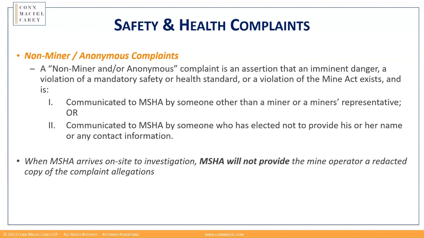That is frustrating because we go through this process and I'm just running down a list and we're not allowed to see the list, and that can be somewhat troublesome. In that situation, you should be taking note of what these allegations were as you walk through them with the inspector, because the inspector is going to have to say, I need to go look at this area because there's a complaint, or I need to go look at this. And you can get a good idea of what it is, and we can maybe create our own internal list of what those allegations are, but you are not going to get it.